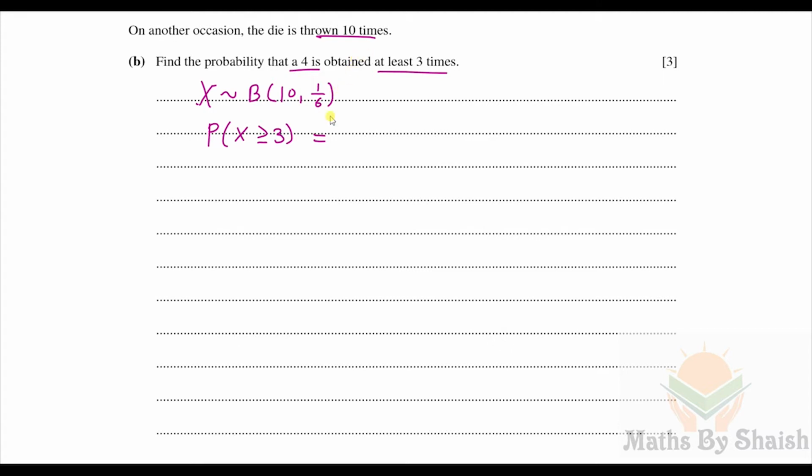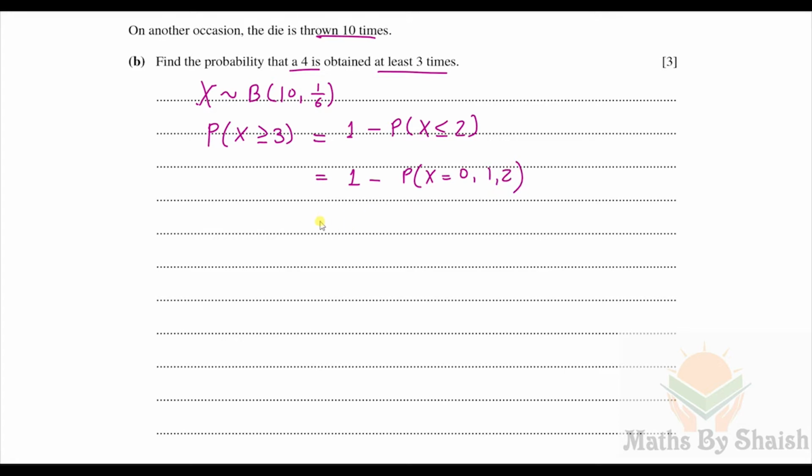So what we'll do, we'll subtract from 1 the probability of x less than or equal to 2, means 1 minus probability of x equal to 0, 1, 2.